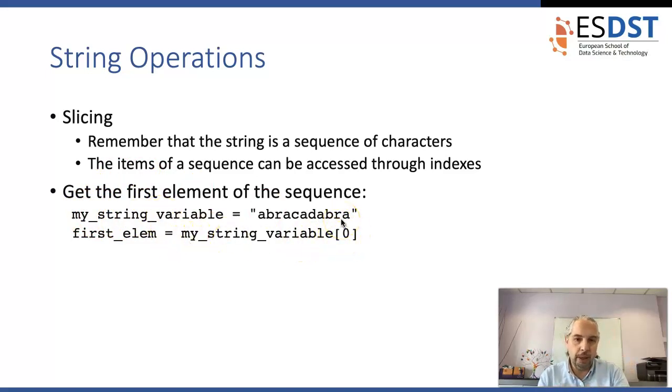Careful, computers start counting from 0. So the first item is item 0. The second item is item 1, and so on and so forth. This also in the beginning can sound confusing. So my string variable 0 is the first character of the string.